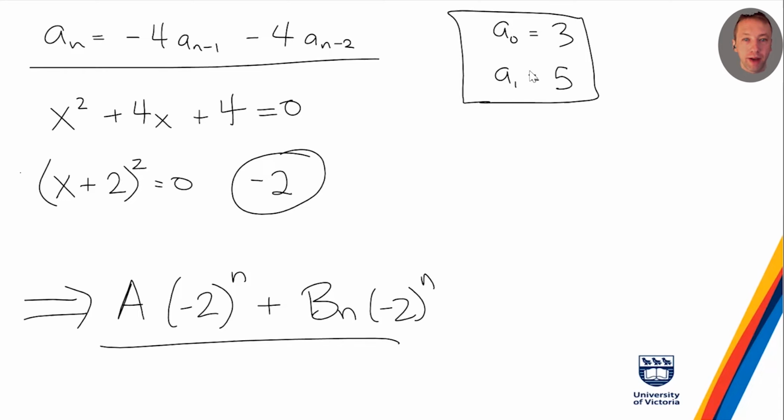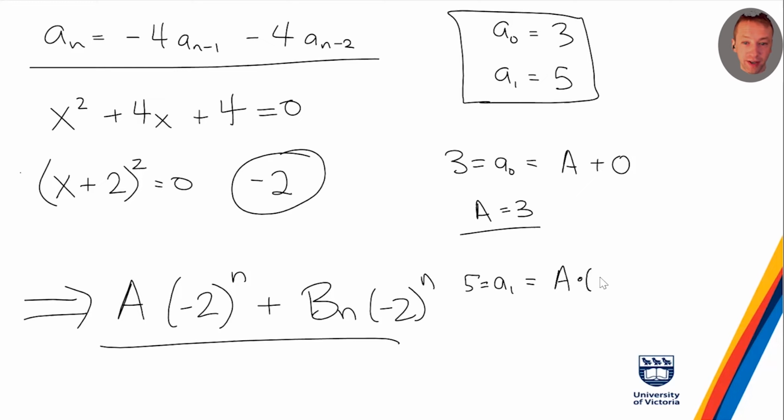So for a0 is 3, I just plug in zeros everywhere. I write a0, plug in zeros, and I get A. And this is good, because the n makes everything 0 here. So A plus 0 tells me that A is 3 right off the bat. a1 is 5, so that tells me that A, which I know is 3, times -2, plus B times 1 times -2.